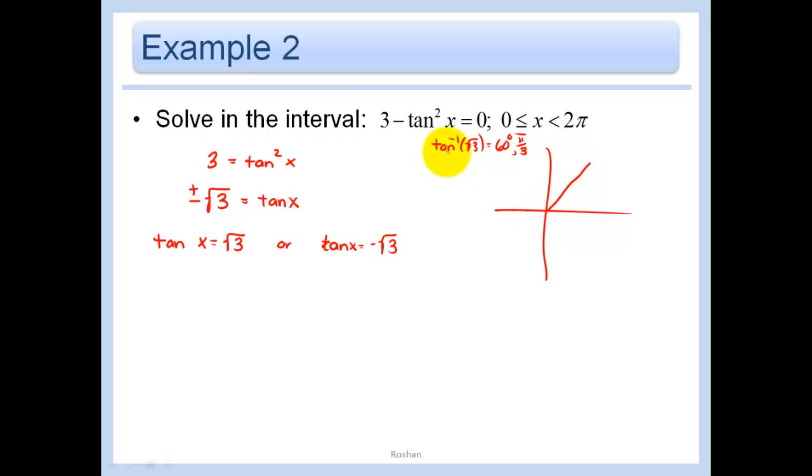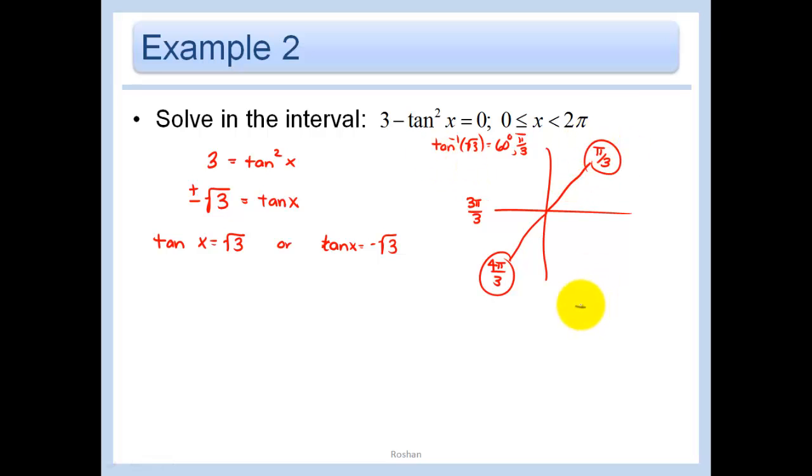Because remember, tangent's y over x, so positive over positive, or here, because negative over negative would also be a positive tangent. Okay, so 60 degrees, that would be pi over 3 right here. We're dealing with thirds, so why don't we just make this 3 pi over 3? So that means this is 4 pi over 3. Okay, so we have those answers.